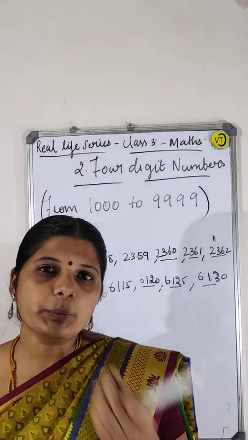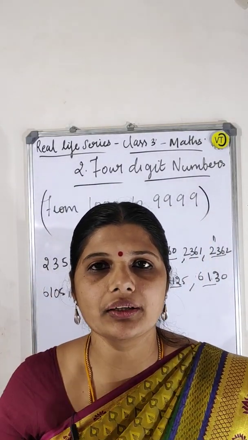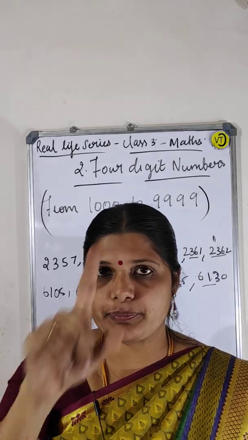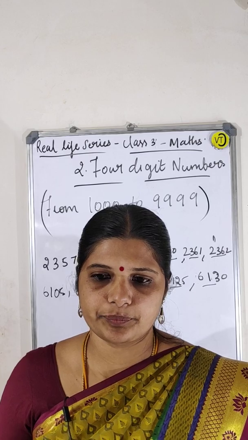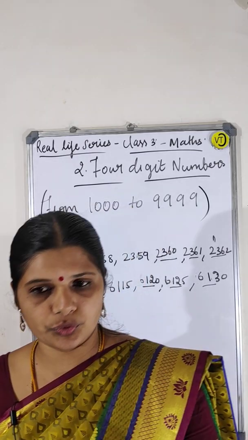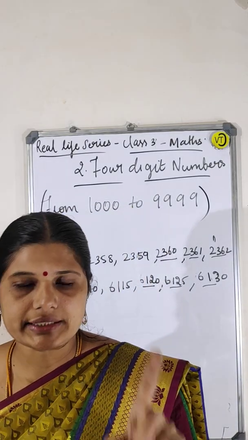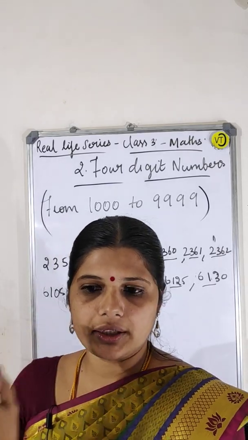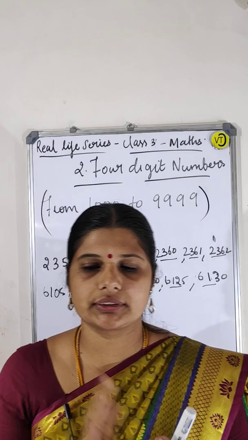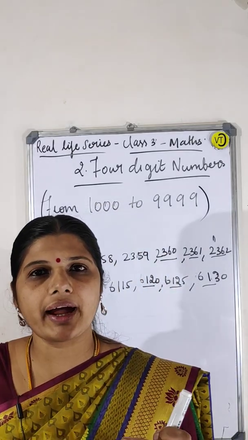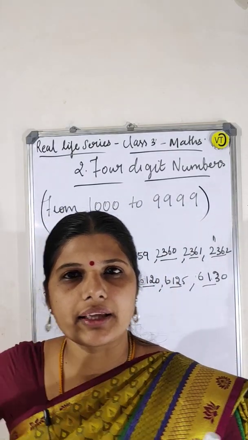Okay, counting by 2 means you have to add 2 to the ones place. Now 7124 will be there. 7124, 7126, 7128, 7130, 7132, 7134. You have to add plus 2 to each number.